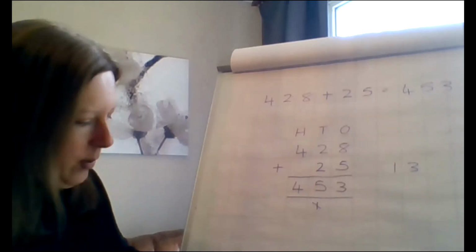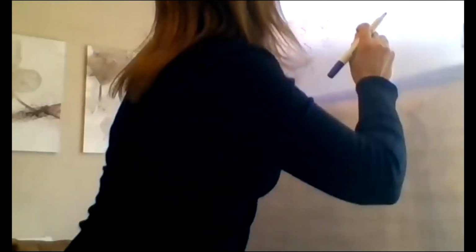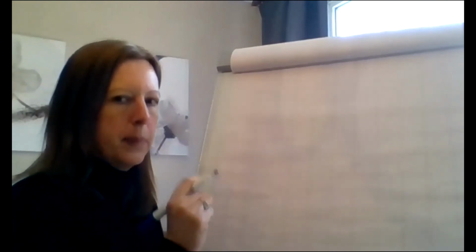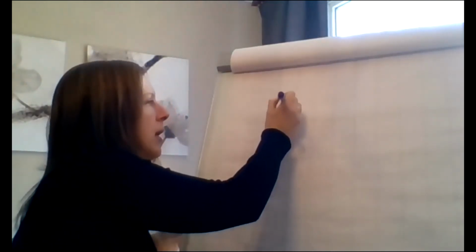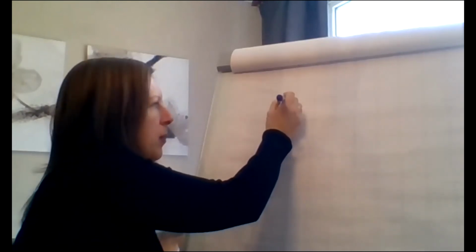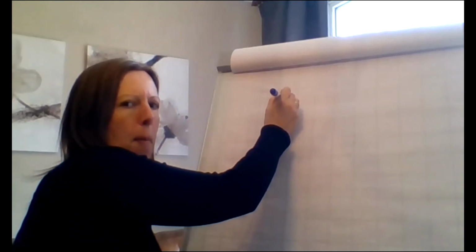So the next one we're going to have a look at is going to be a slightly bigger number. Okay, so let's look at this one, remind ourselves of how we get on with this one. So let's go with 2 3-digit numbers this time. So we're going to do quite a big one.